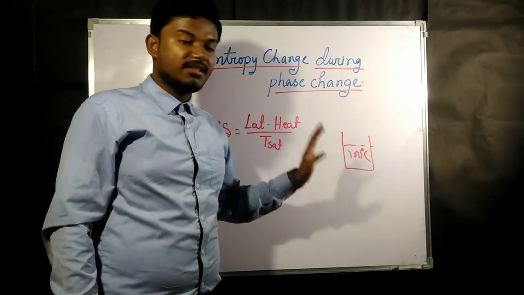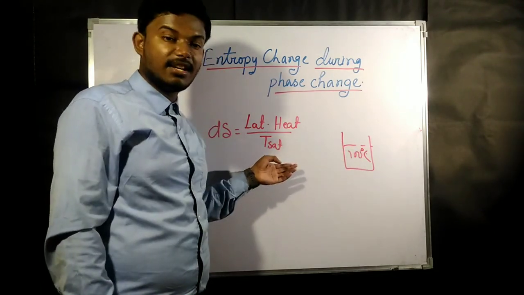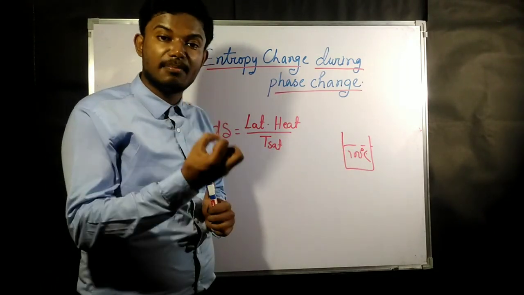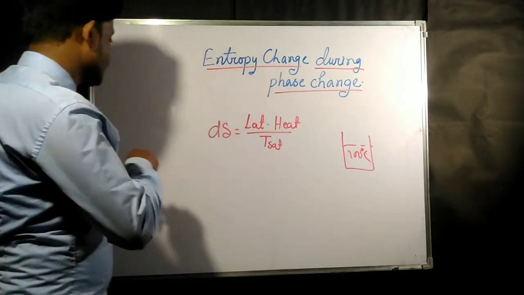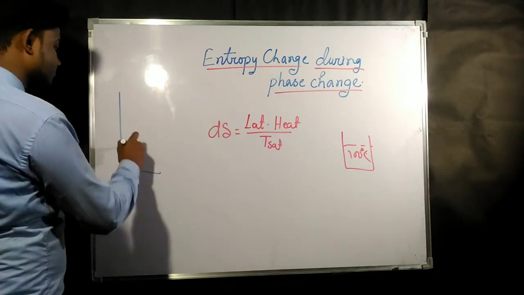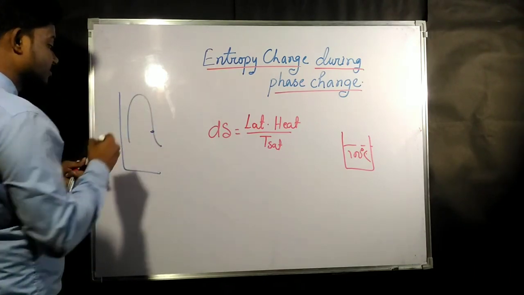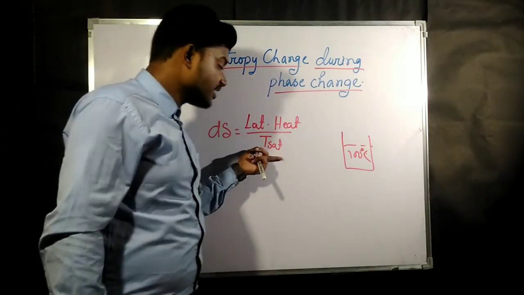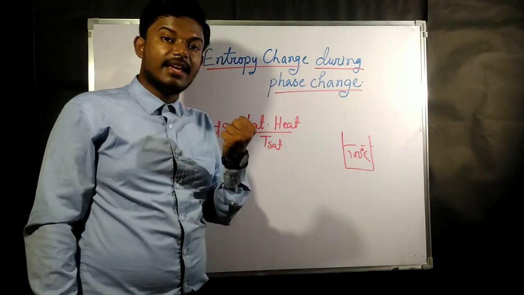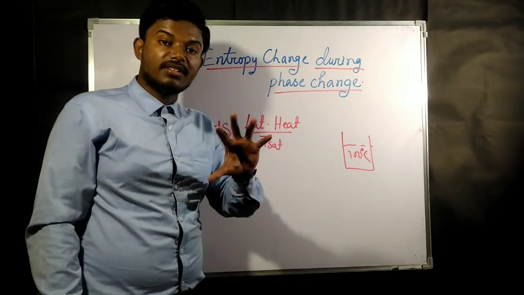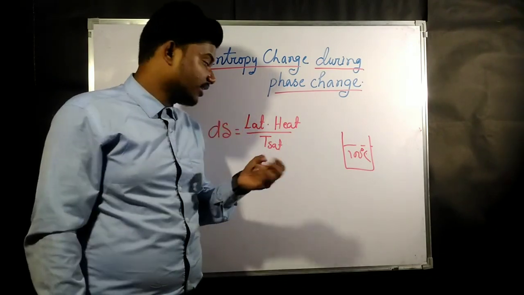Saturation is the lowest temperature. If this is the vapor dome, here comes the saturation temperature. Saturation temperature is the lowest temperature where all of the substance is converted to vapor.